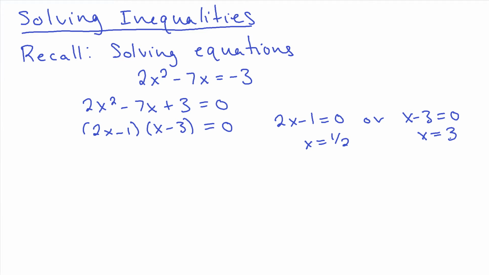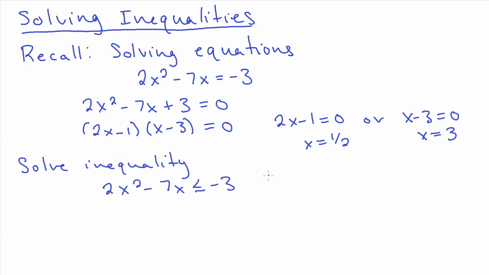So similarly, if you are trying to solve an inequality, that is similar. So for example, 2x squared minus 7x is less than or equal to negative 3, maybe we want to start by changing that into the inequality 2x squared minus 7x plus 3 is less than or equal to 0.